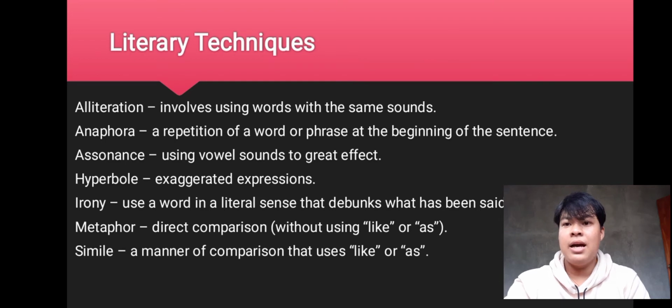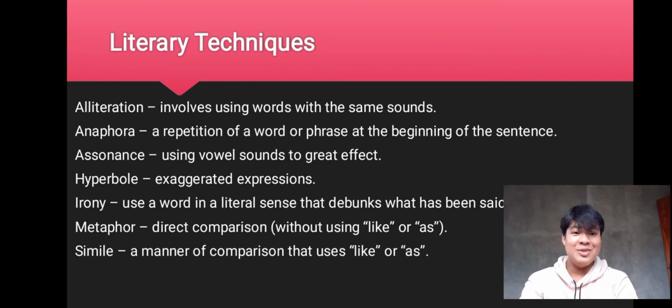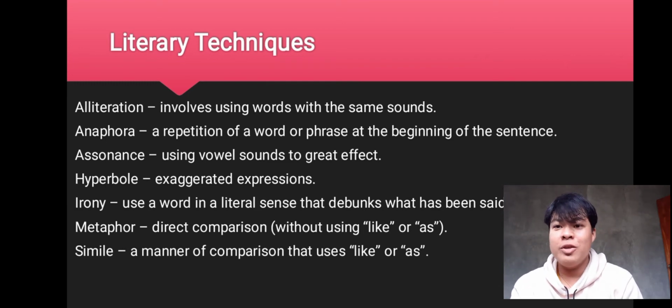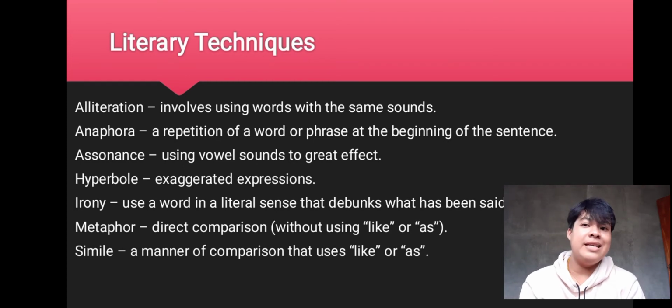Next is hyperbole. Hyperbole, or in Tagalog, pagmamalabis, di ba? So what do you mean by hyperbole? It is an exaggerated expression. You already know it because it has already been discussed since high school.